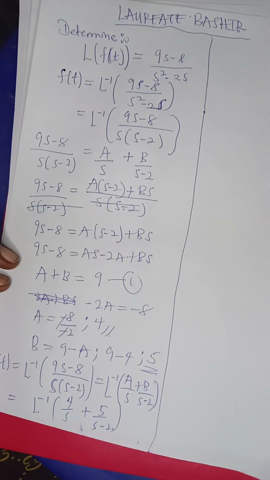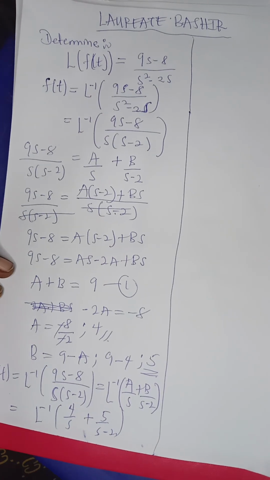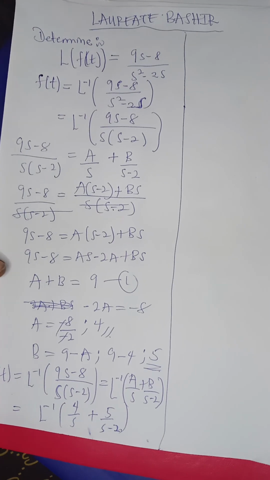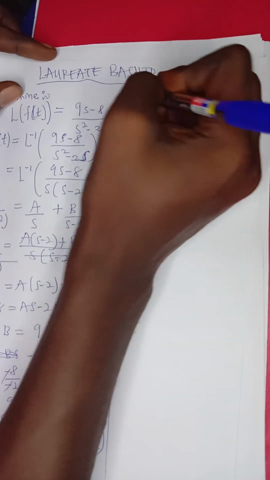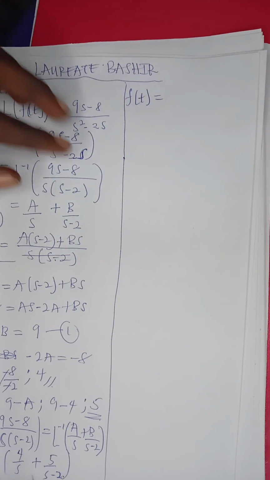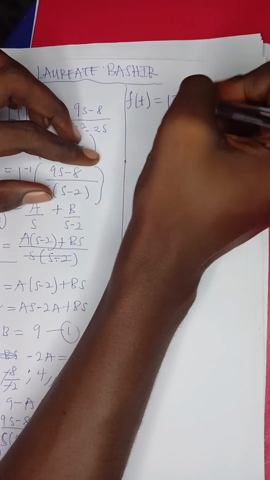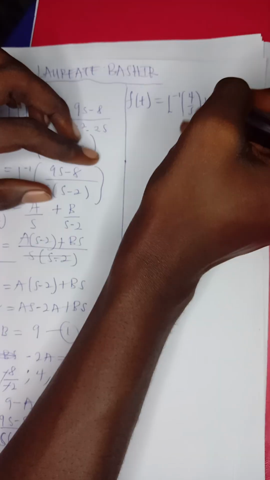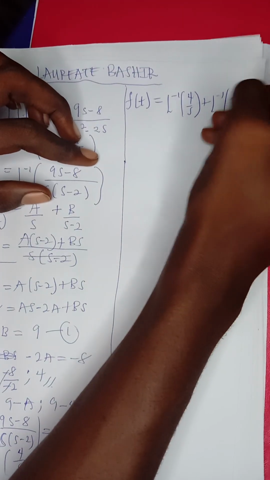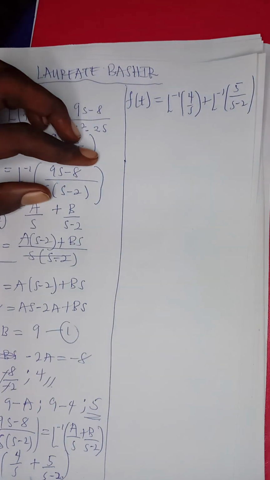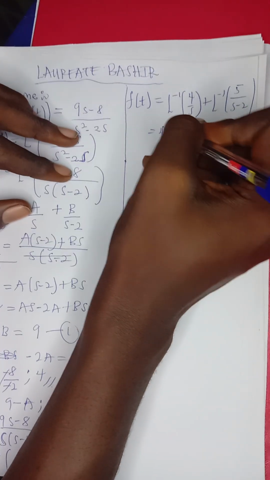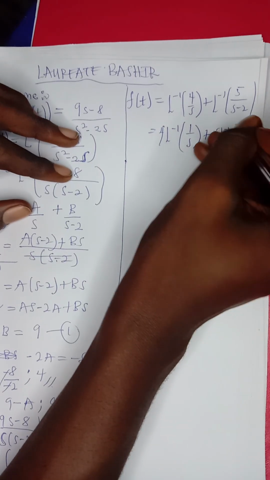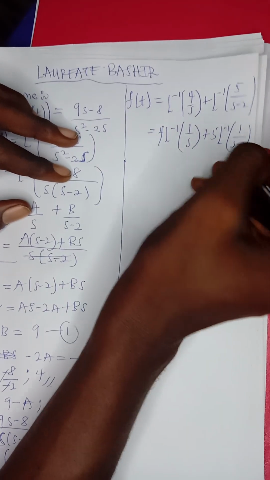Alright, so lastly my f of t is equal to, I can split it into Laplace inverse of 4 over s plus Laplace inverse of 5 over s minus 2. Now bring out the 4 and the 5: 4 Laplace inverse of 1 over s plus 5 Laplace inverse of 1 over s minus 2.